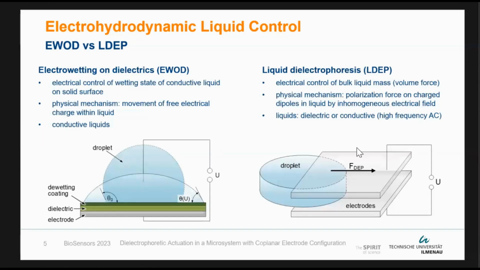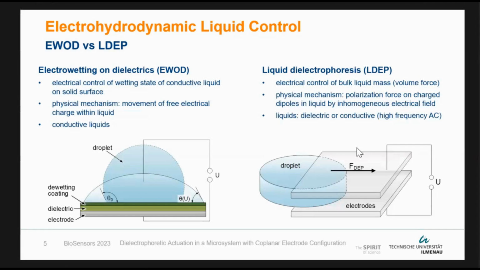This is to prevent current flow and unwanted effects, such as electrolysis and so on, that we don't want to see in our system. And on top, there is mostly always a de-wetting layer introduced, so Teflon or PTFE, to increase our initial contact angle to make the surface hydrophobic if we are talking about water.